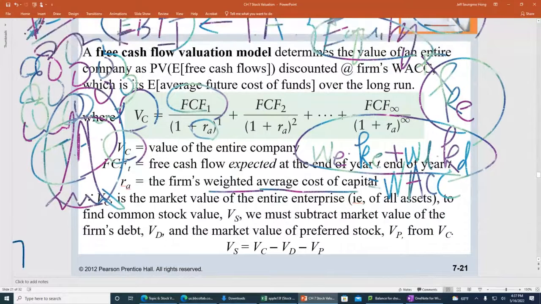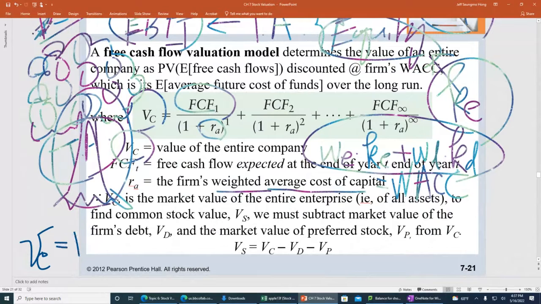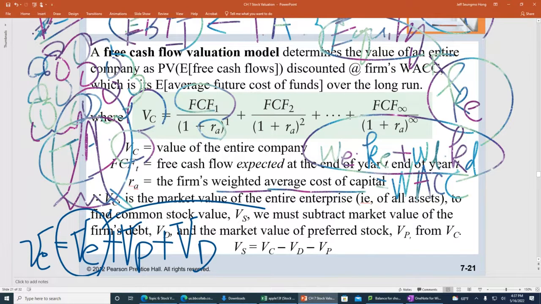Then think about it. The value of the company is the sum of the value of the common stock plus the value of the preferred stock and the value of the debt, right? And what we are interested in is the value of the equity. So if you want to separate the value of the equity, from the value of the company you subtract the value of debt and the value of preferred stock, right?